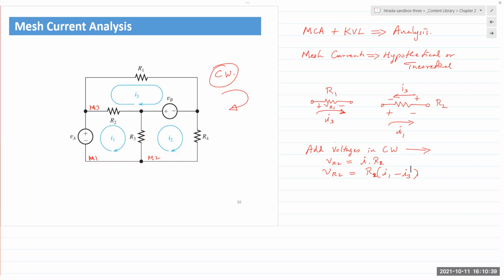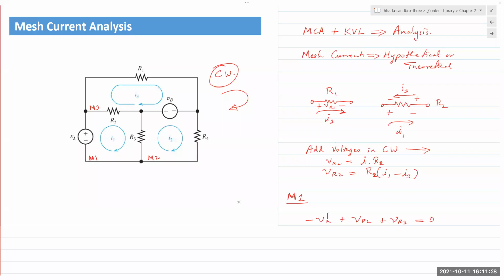But here's the thing. When we apply KVL to mesh 1, we have 3 voltages. I have VA, I have VR2, and I have VR3. They should all sum up to 0, right? So VA would be minus, VR2 would be plus, VR3 would be plus. And thus I have my KVL equation, right?